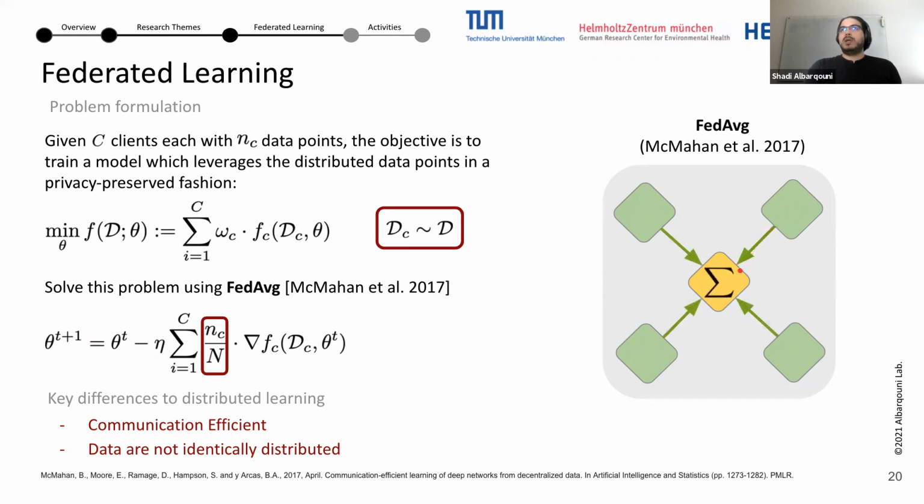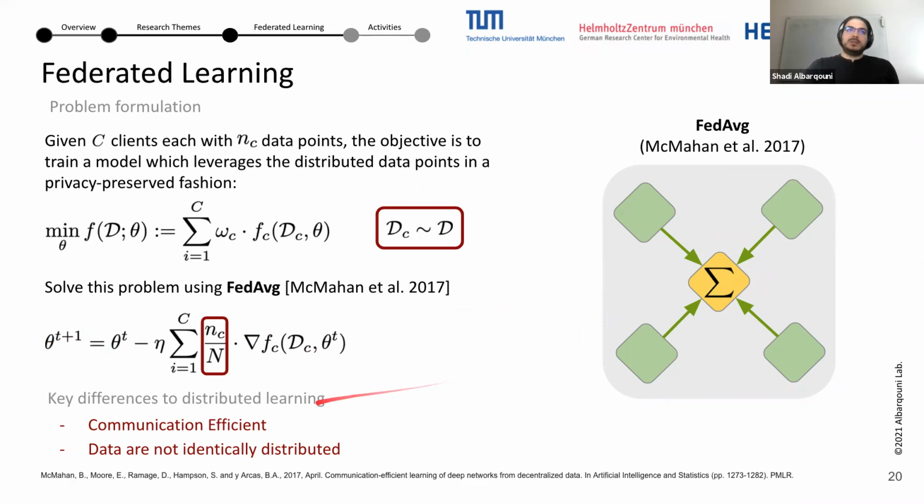Then they share only the updated parameters with the global model, where they get averaged or weighted-averaged to update the model parameters. And you keep iterating this process until convergence.